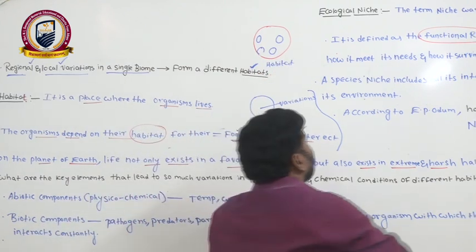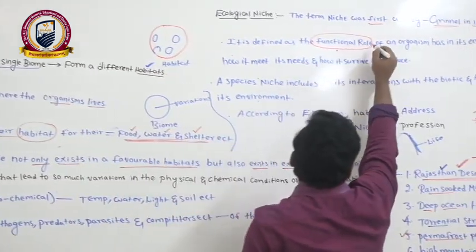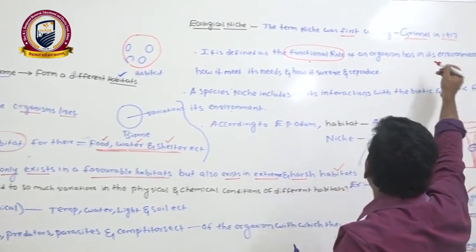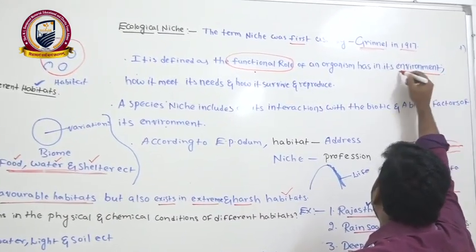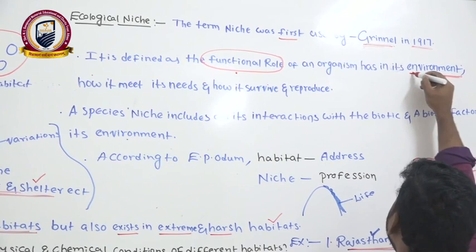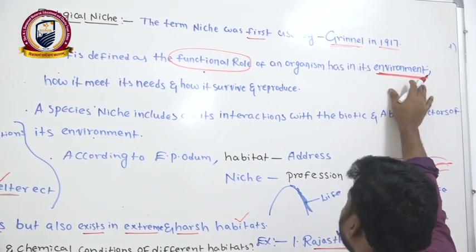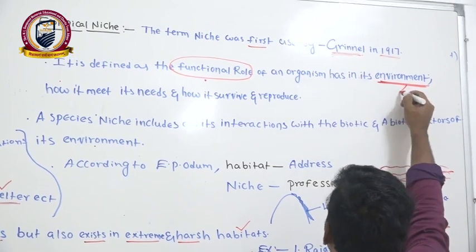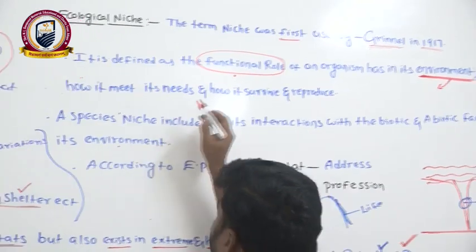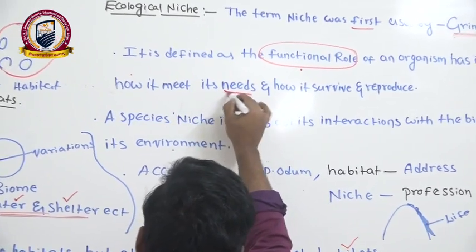Now we can see it is defined as the functional role of an organism in its environment. What is the functional role of an organism in its environment? That is nothing but a niche. Why are they functioning in the environment? To get their needs.